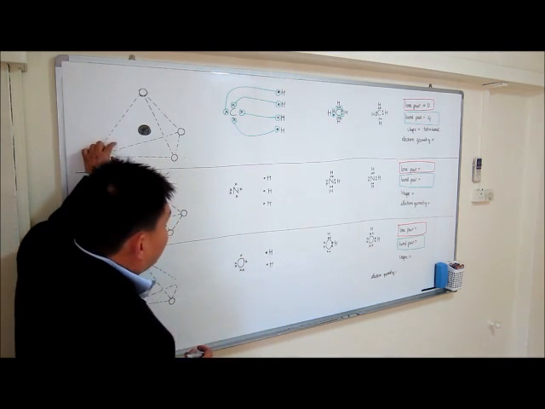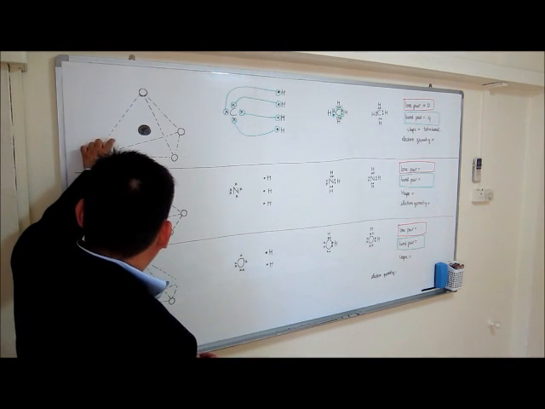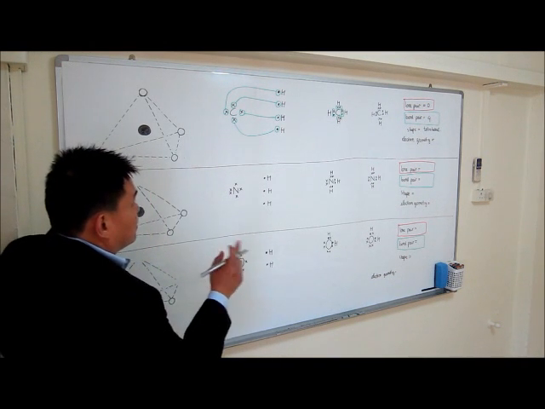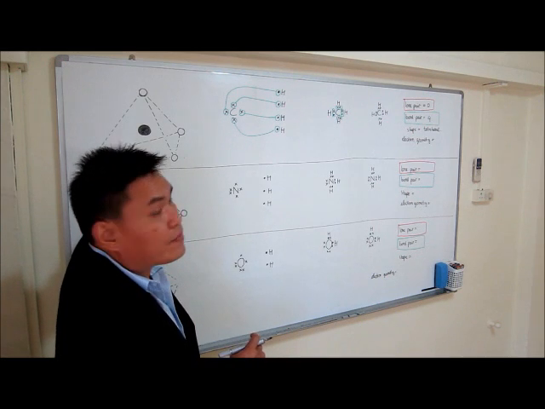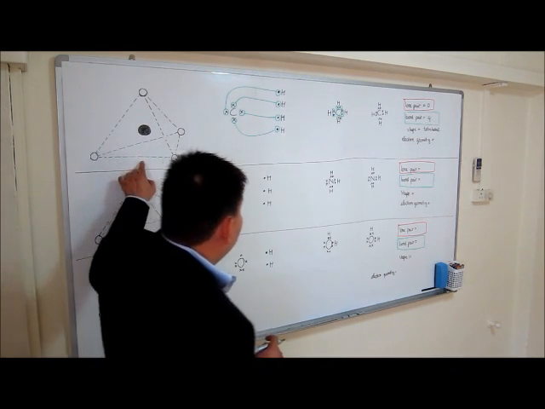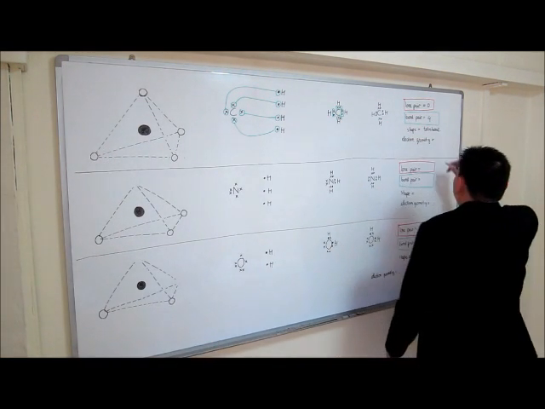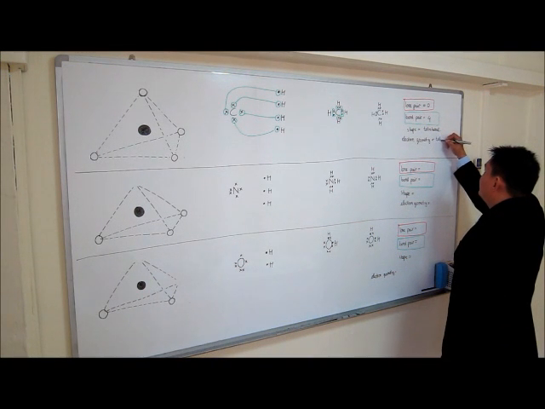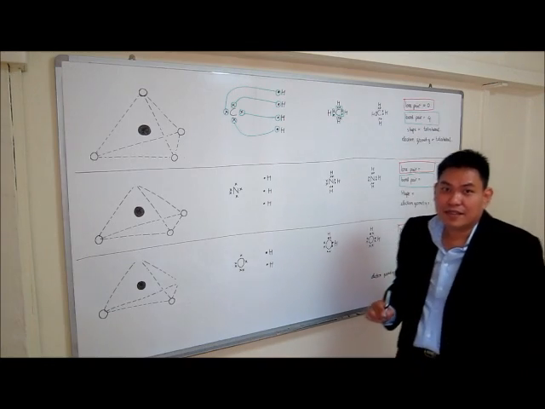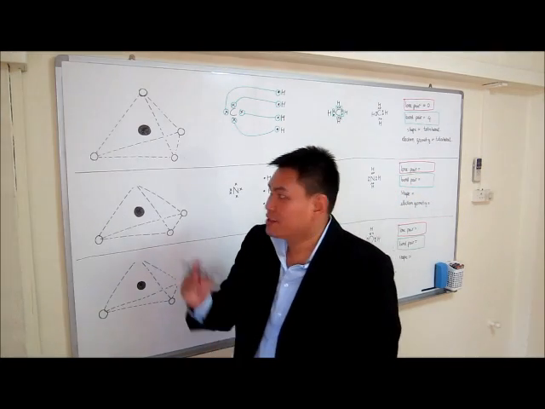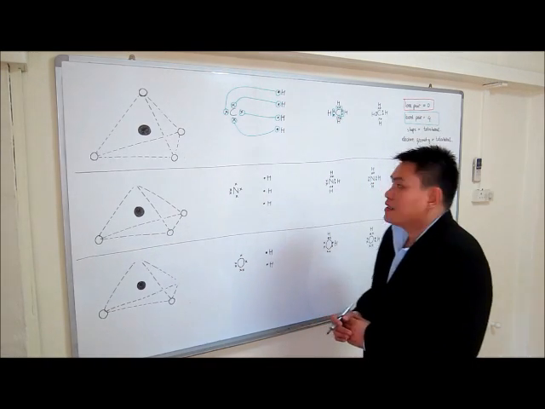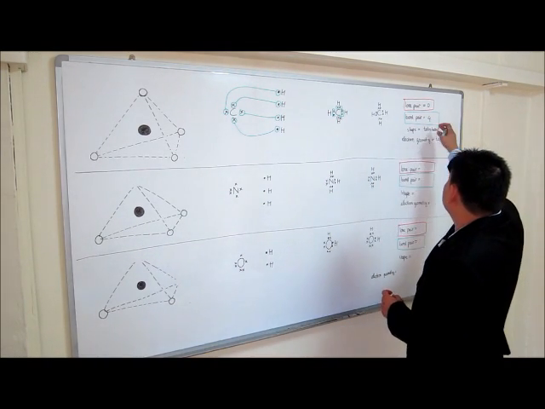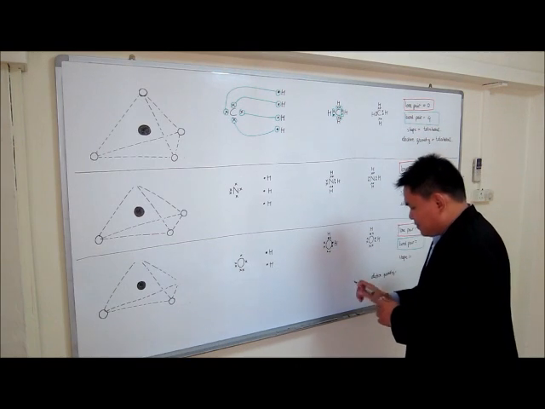So in this case, the electron geometry will be tetrahedral for all of them. As long as the number of lone pairs and bond pairs is 4, the electron geometry will be tetrahedral. In this case, 4 plus 0 is 4.